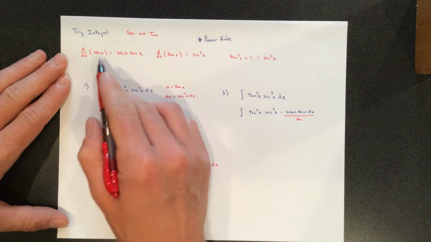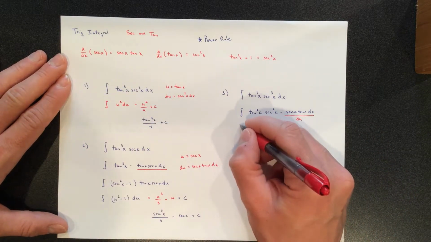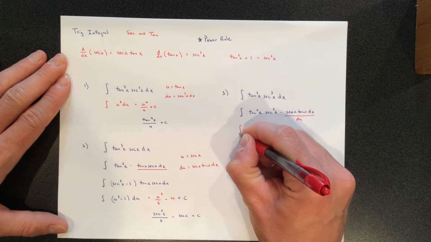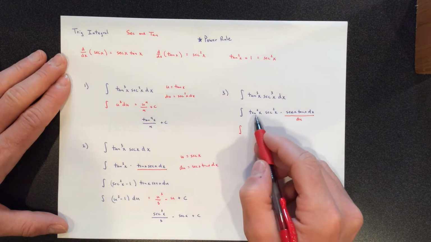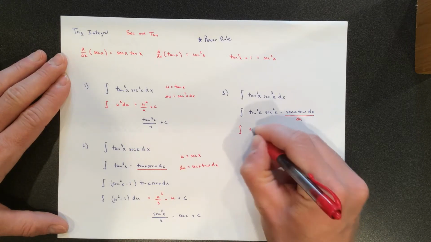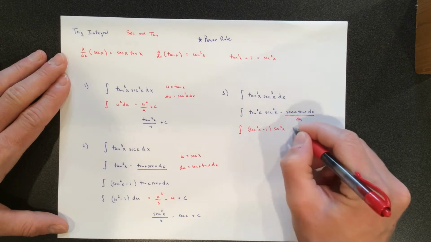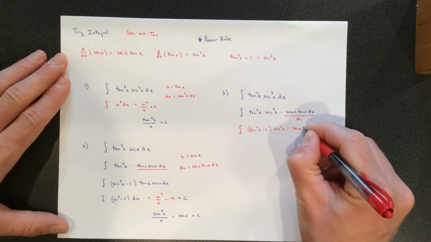This is the derivative of secant, which means you got to change this into secants, and this ends up being, like I said, almost identical to example number 2. Take these tangent squares, write them as secant squares minus 1. This is just secant squared. This whole thing is still just secant tangent.